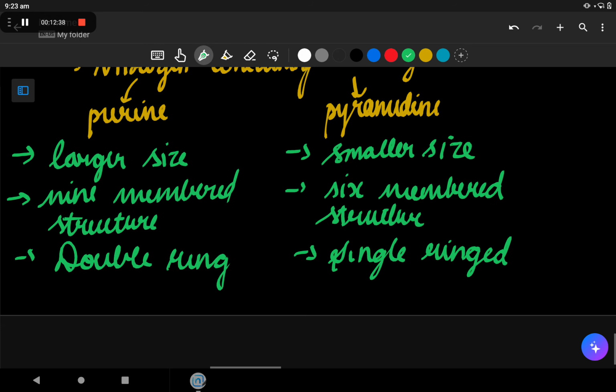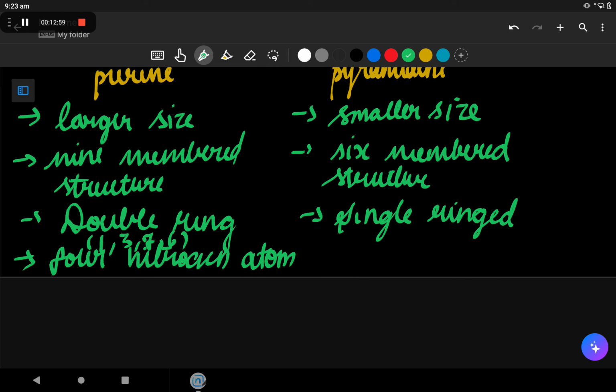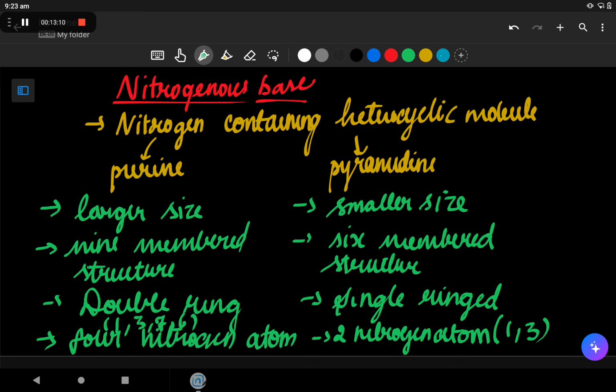Purine contains 4 nitrogen atoms, like in the positions 1, 3, 7, 9, whereas pyrimidine contains only 2 nitrogen atoms, in positions 1 and 3.